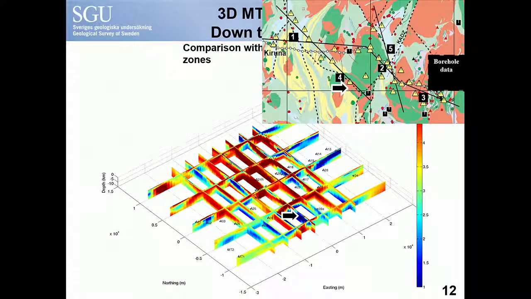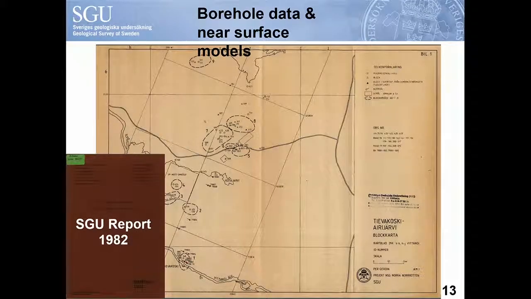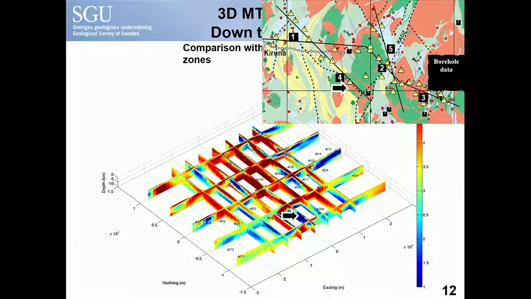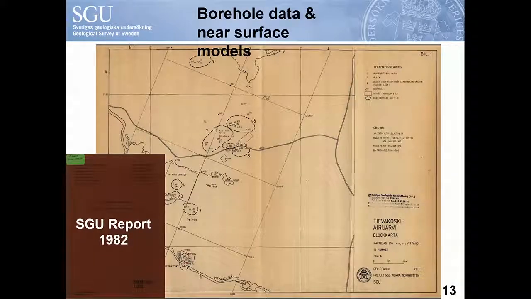I tried to look at the borehole data. Unfortunately, we don't have that many deep boreholes, so we selected this very small area to look at some shallower information to see how well we can see it in our models. I looked at the very old reports at SGU. It's from 1982.